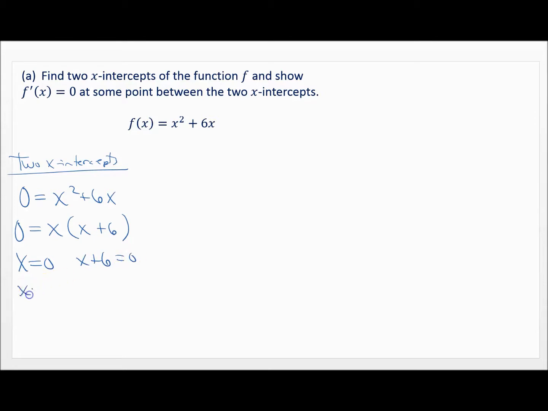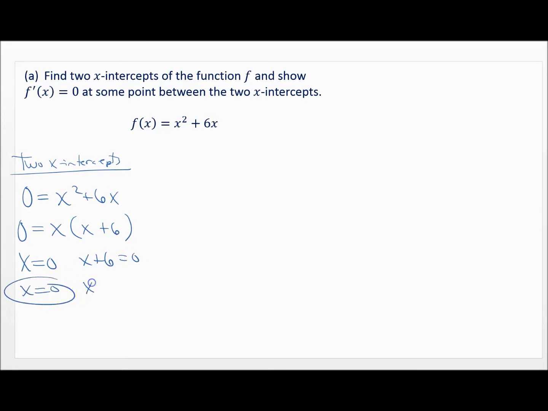And then I get, of course, x equals 0, and x is equal to negative 6. All right? So I've got my 2 x-intercepts. Now what else does it say? It says find 2 x-intercepts of the function and show that f prime of x equals 0 between the 2 x-intercepts. Now this is almost like dealing with our interval, right?